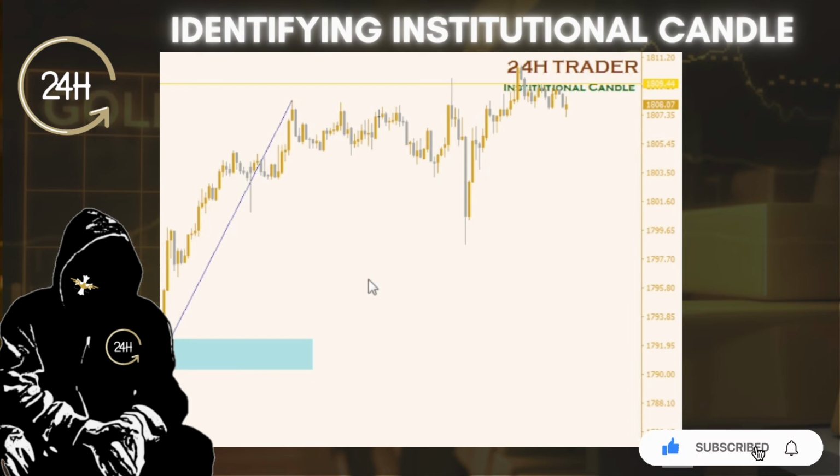Okay, so this one is on the 5-minute time frame, so you can always use institutional candle as a strong support or resistance area on any time frame on which you trade. And once it's broken above, it will turn to be a very strong support area, and then it punches up there.